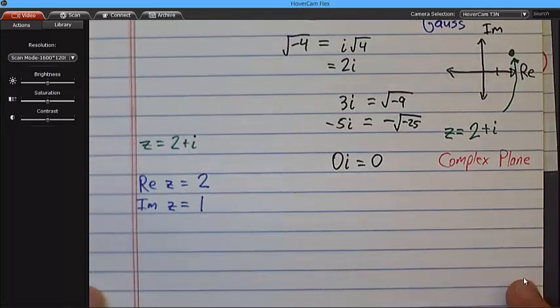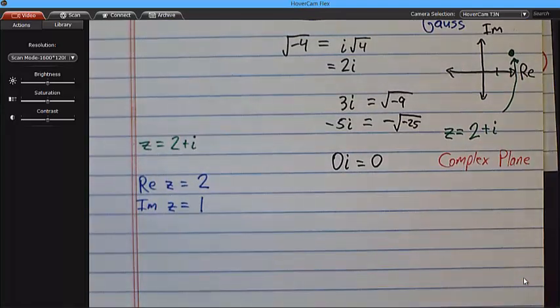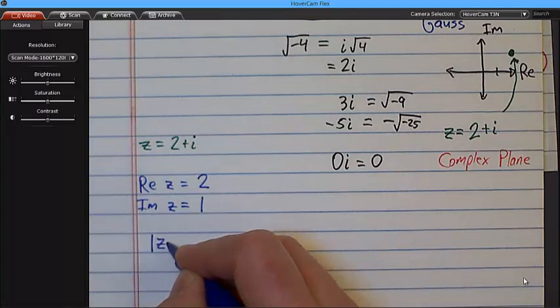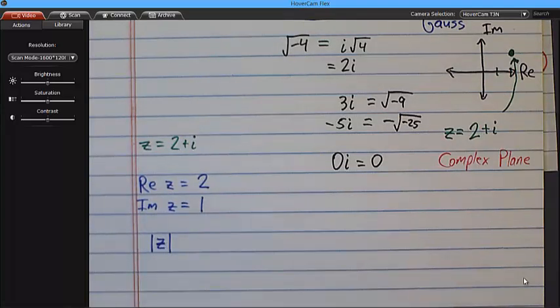Okay? But now I might ask you something else. What's that symbol around that z there? Absolute value. Now, what am I going to mean? What does absolute value mean with real numbers?